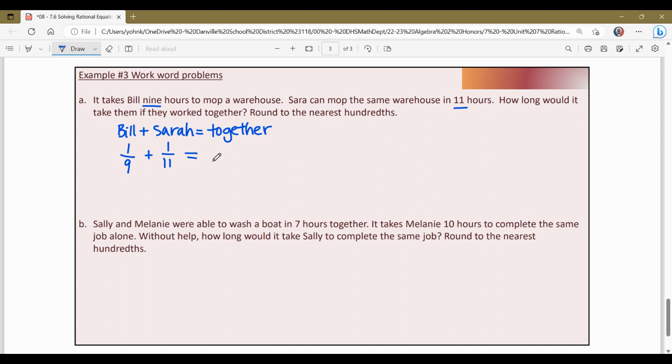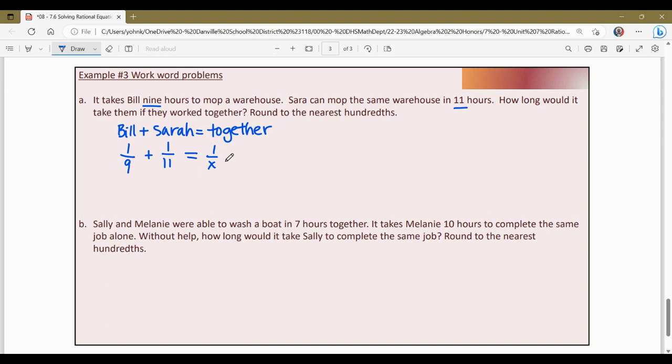Now, if I add those together, that's supposed to tell me how long it takes them to work together. Well, if it takes them x hours to work together, then in 1 hour, they will have completed 1/x of the job. So this is essentially what the work equations look like when you talk about people doing jobs with different rates and then working together.